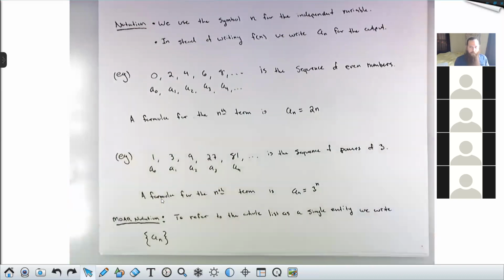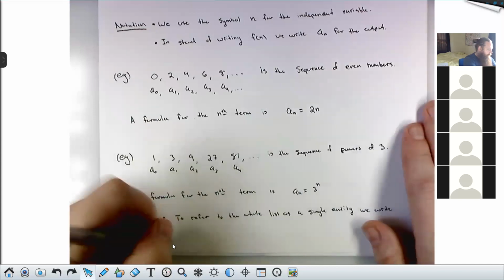Other kind of slightly, like when you get into analysis, sometimes people like to use parentheses instead. It doesn't matter, but your textbook uses this. So if you see a_n or a formula like 3 to the n inside curly braces like that, they mean the sequence of terms built out of that formula.